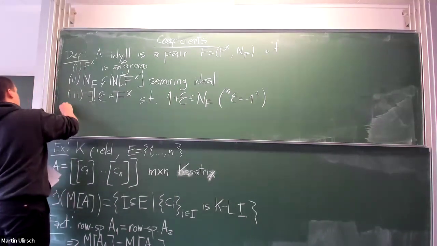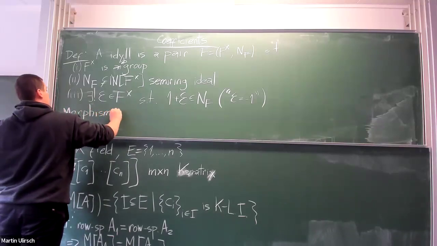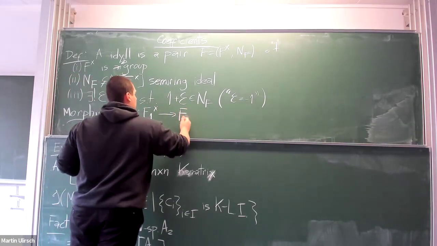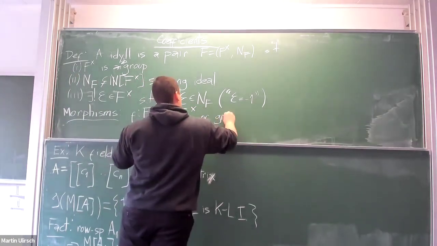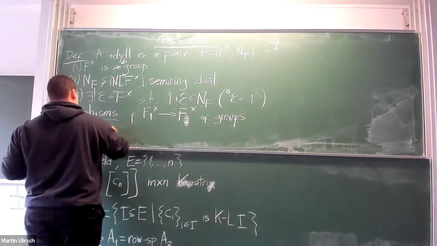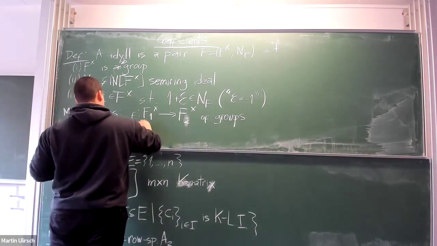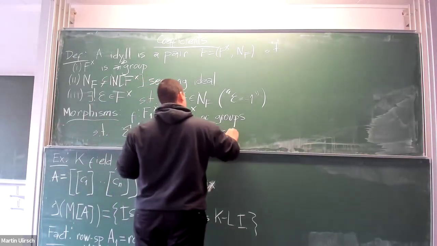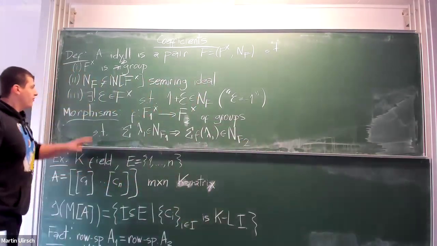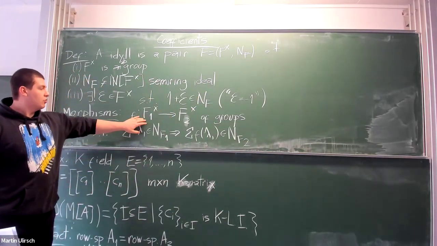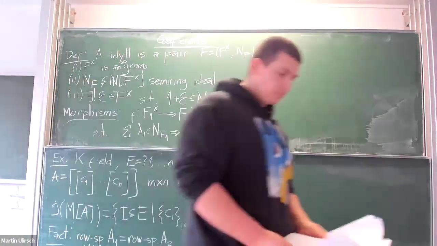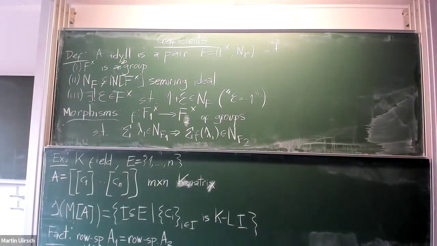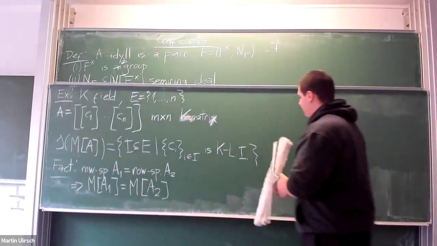And morphisms of these are what you would expect. A morphism from F1 to F2 is just a morphism of groups that preserves null sums.